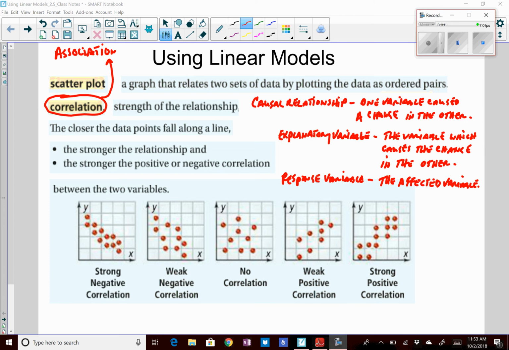It's weak again because the dots are kind of scattered about, not really closely plotted together. And then the last one shows a strong positive correlation because the dots are moving up from left to right, and they're pretty much tighter than in the previous one. So when they're grouped very closely together, you have a stronger correlation.